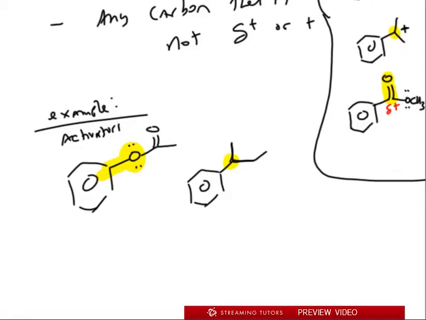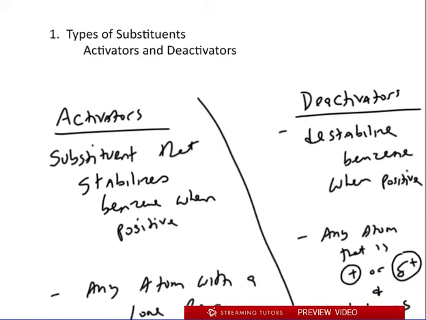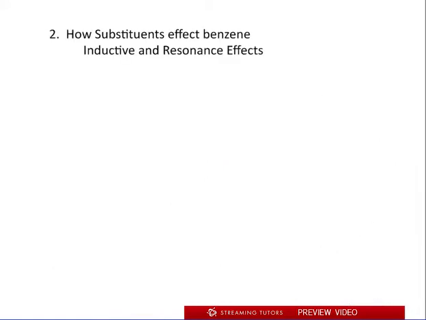That's the point. Now, okay, so let's talk a little bit about the influences that they have. Okay, so for example, let's talk about how substituents, how these different types of groups will affect benzene. How will it make it more or less reactive, more or less activated? Okay, and that's what we're going to talk about now. Now, it turns out that the way this works is that there are two ways to do this.